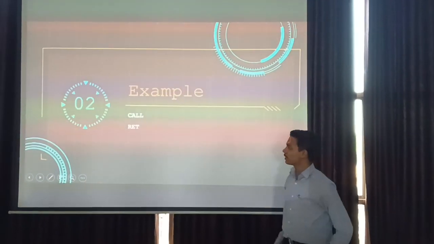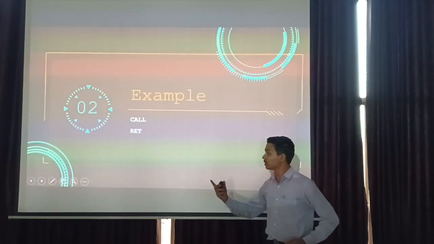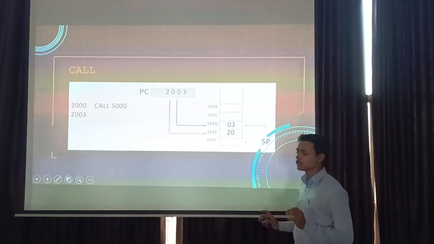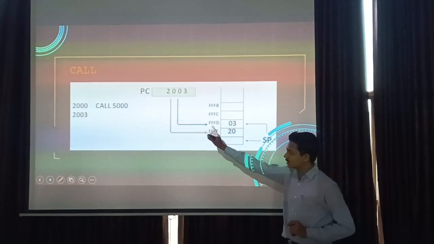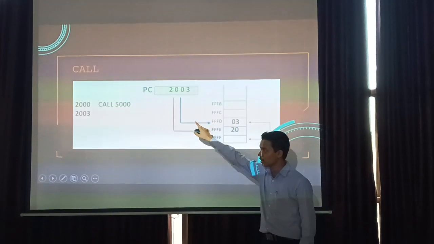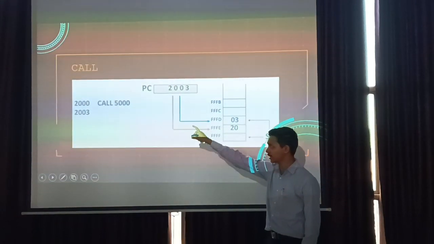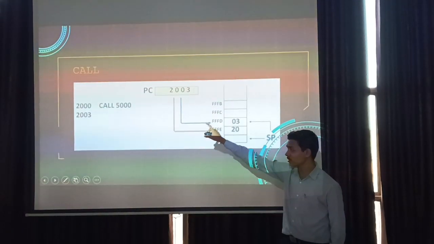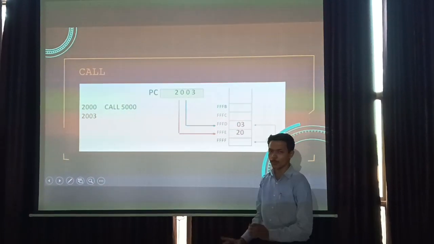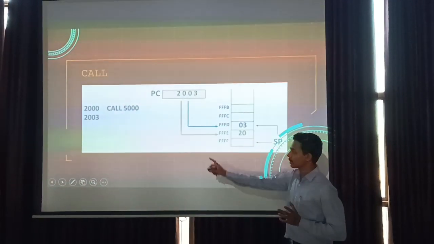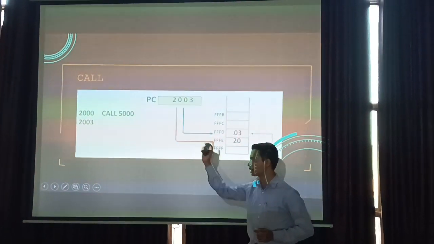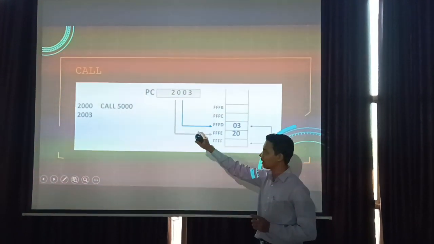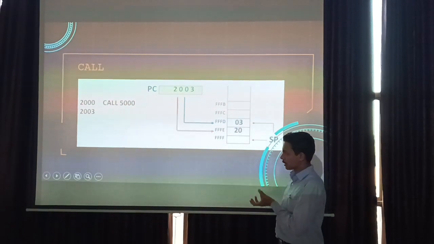So let us see the examples regarding the subroutine. First, we will see a call instruction example. Here at the 2000 memory location, there is a call instruction, that is CALL 5000. This 2000 location is of the main program, and 5000 is the location of the subroutine program.